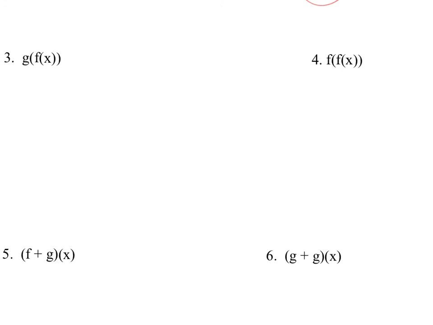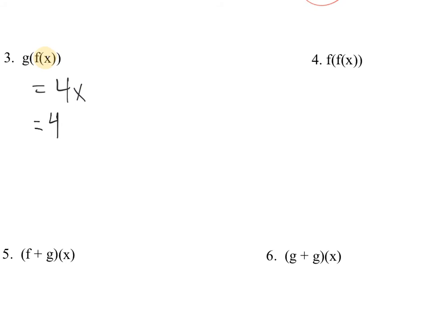Okay, then this first one, what's my first function? G, and what's g? Thank you. Now, what am I plugging in? Someone yell it out. What's inside the parentheses? Good, because that is f of x, right?